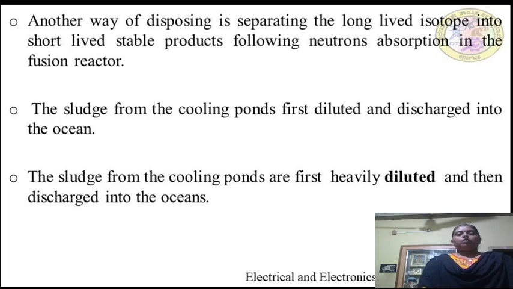Another way of disposing is separating the long-lived isotopes into short-lived stable products following neutron absorption in the reactor.